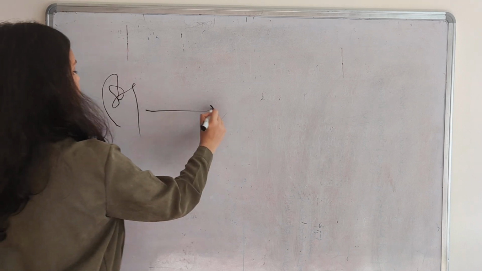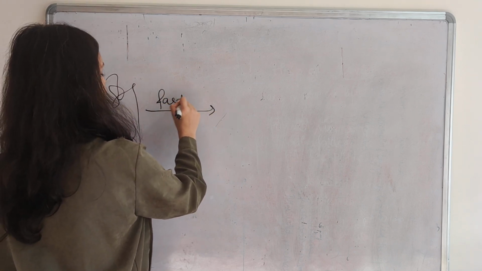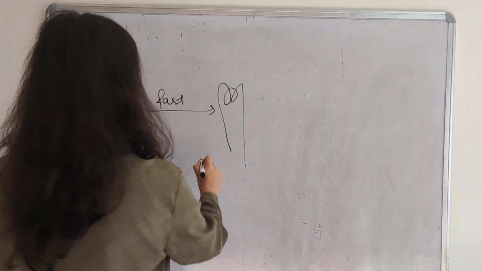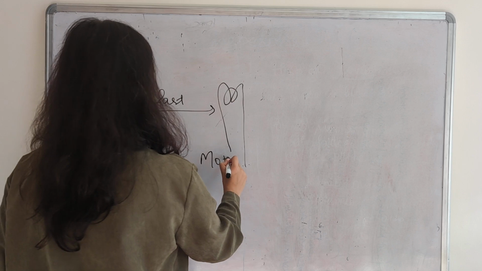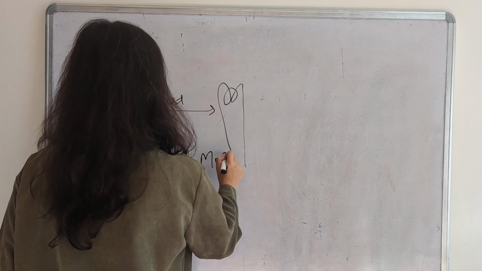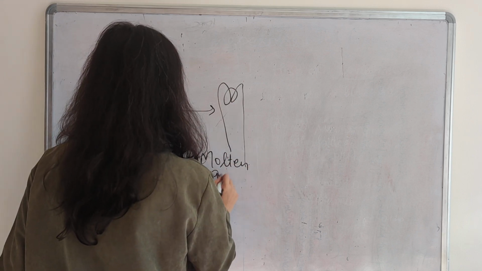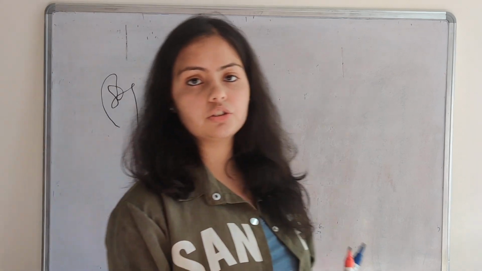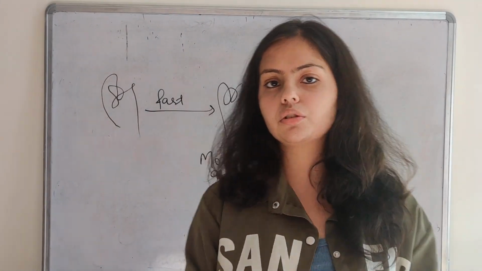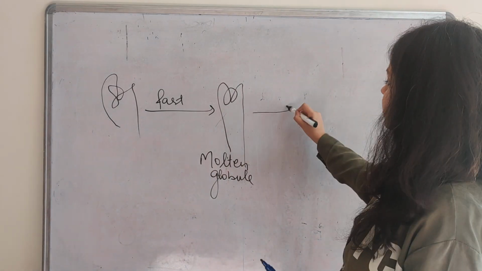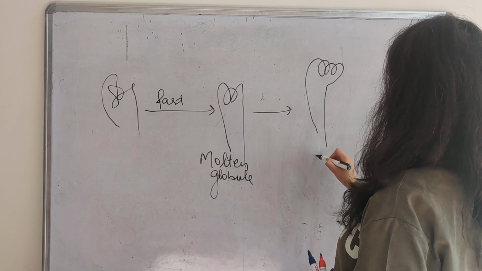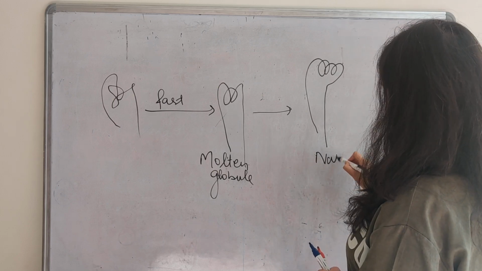There is a fast reaction forming a molten globule, which is a partially folded structure. It is not a completely folded protein. And the molten globule forms into a native structure.